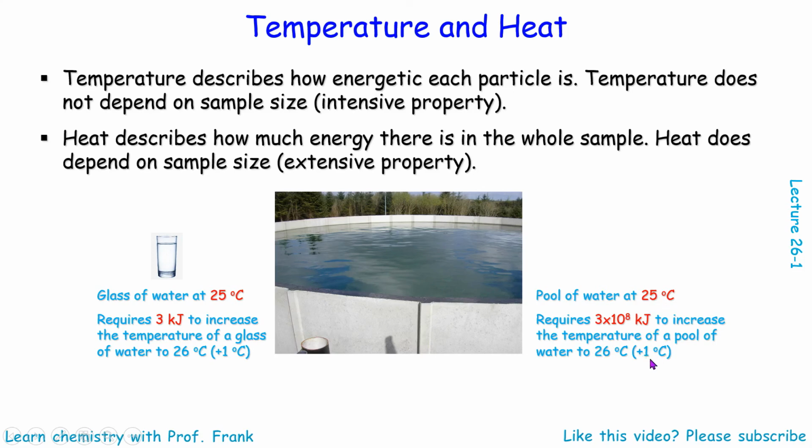That means increasing the temperature also by just 1 degree. Look at this. It would require 300 million kilojoules. So therefore, heat is an extensive property and temperature is an intensive property.